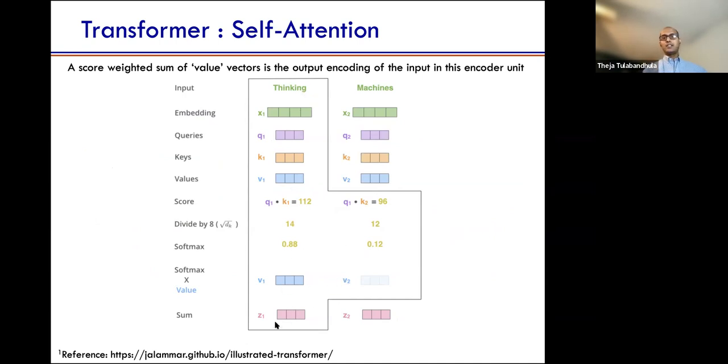If I swap the location of thinking versus machines, it doesn't change Z1 and Z2. So somehow it's an issue here, which is that order doesn't matter, at least in this processing.